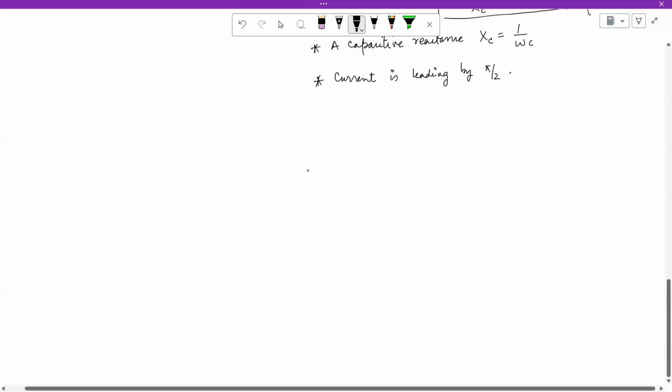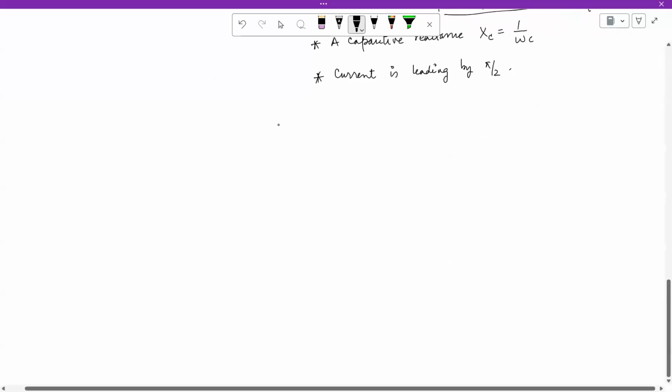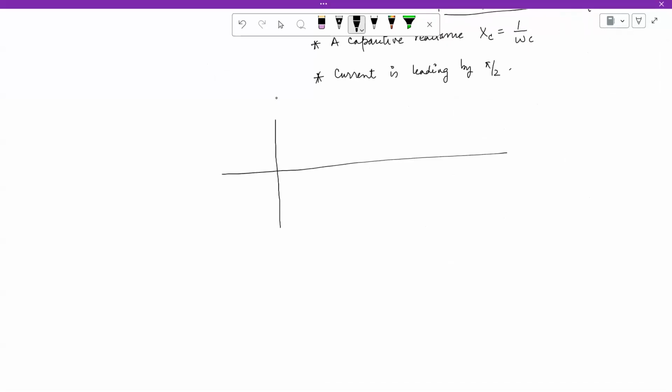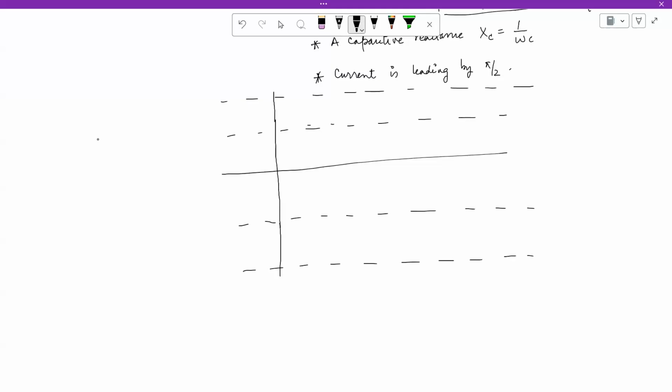So these are the things that we have. If we draw the diagram, first let us write.